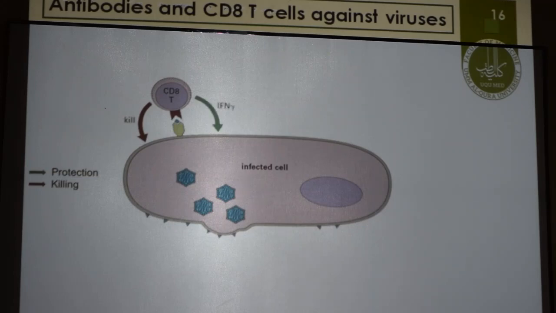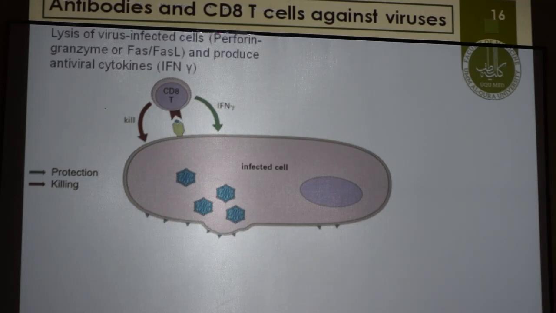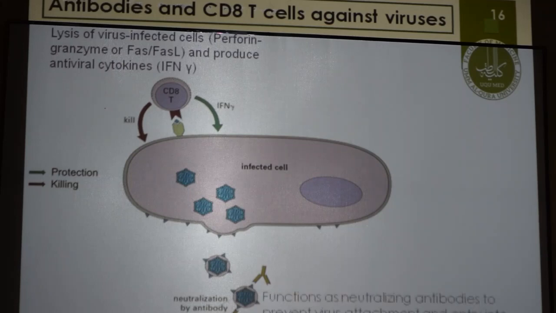And they will also produce interferon gamma, and the interferon gamma is going to create an antiviral state and other functions. Antibodies, you can see these antibodies are neutralizing its receptor so that it doesn't bind to the cell and infect other cells.